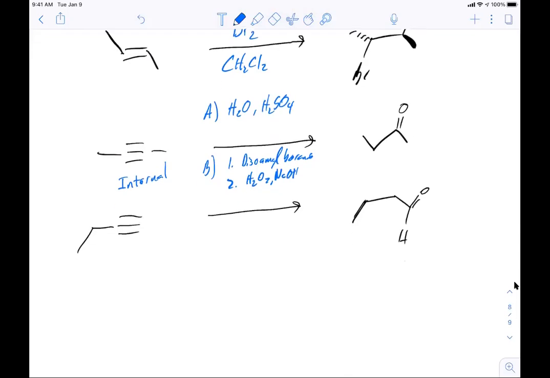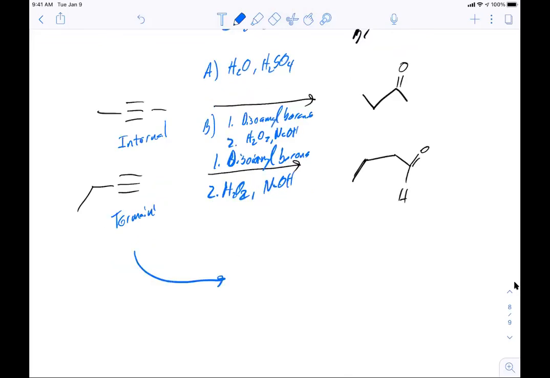In the last one, we're ending up with an aldehyde, and we're starting with a terminal alkyne. So in this case, we do need to use the borane reagent, so hydroboration, followed by an oxidative workup, to give the aldehyde.